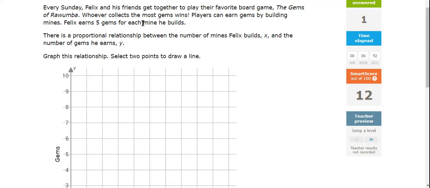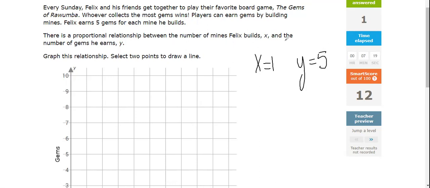So x is going to be 1 because it says for each mine he builds. So when x is 1, y is going to be equal to 5 because y is the number of gems he earns.